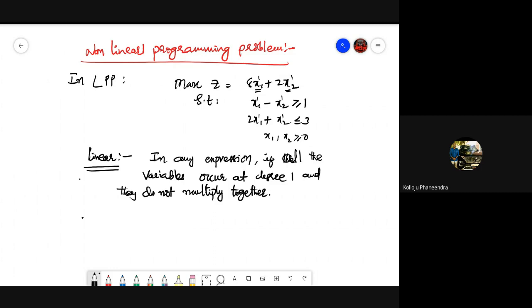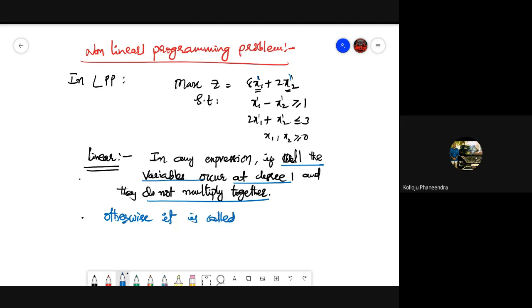See, once again, all the variables occur at degree 1 only, and they do not multiply together, x1 into x2, x2 into x3, not like that. Then that expression is called linear. Otherwise, it is called non-linear.